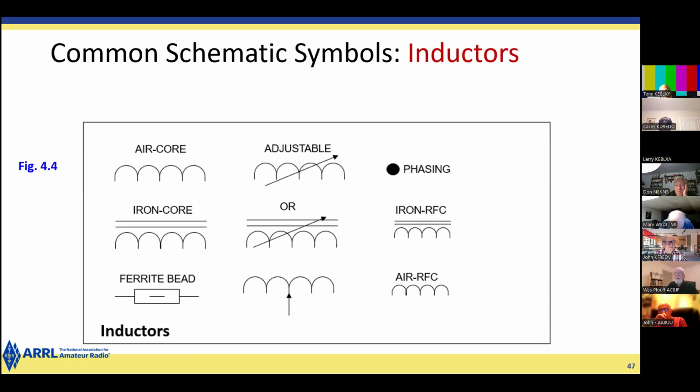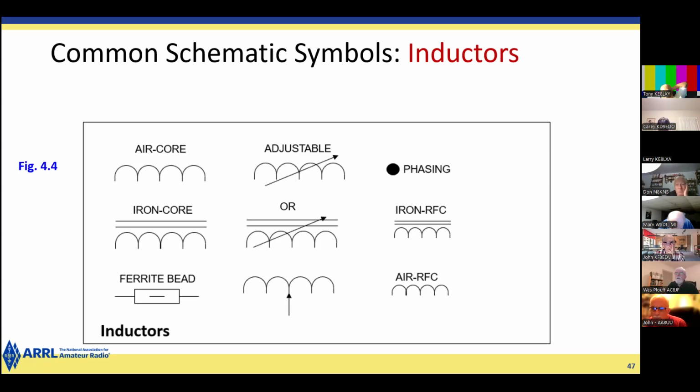An air core coil is just wire wound in a spiral, or rather, it's wound in a coil like the circular ramp in a parking garage, for instance.